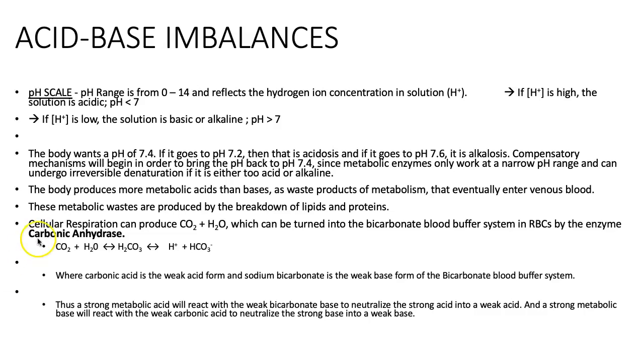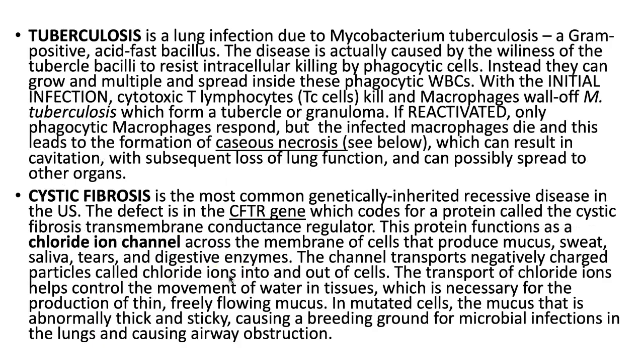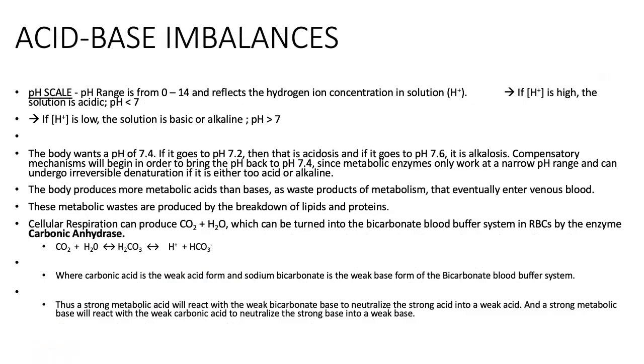So the buffer is made in the red blood cells by an enzyme called carbonic anhydrase. And this is what it does. It takes CO2 and water, and it makes the ionized form of the weak acid form of the blood buffer, and that is carbonic acid, which is H plus HCO3 minus. Sodium bicarbonate is the weak base form of the bicarbonate buffer system, and that's Na plus HCO3 minus.